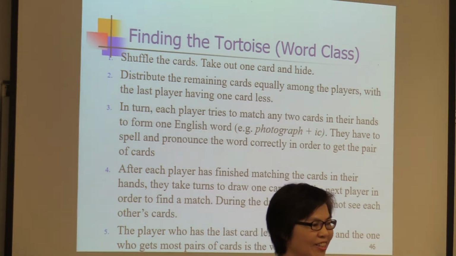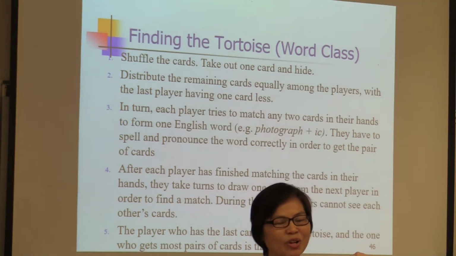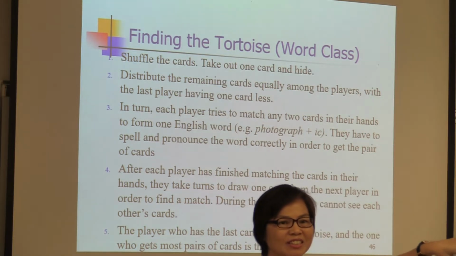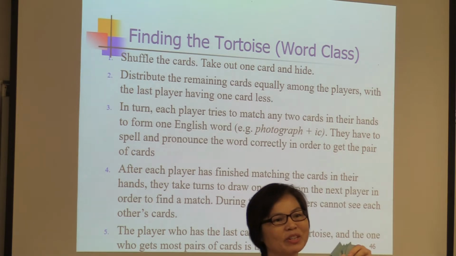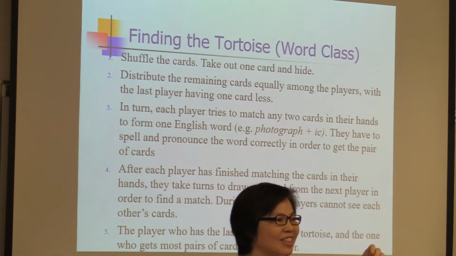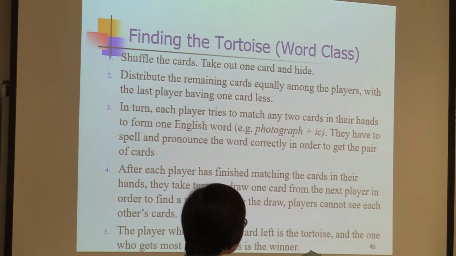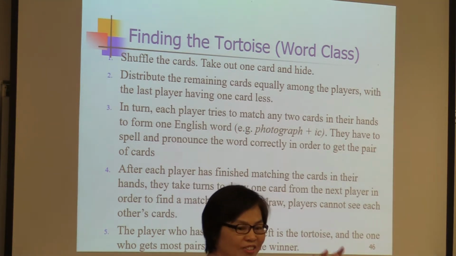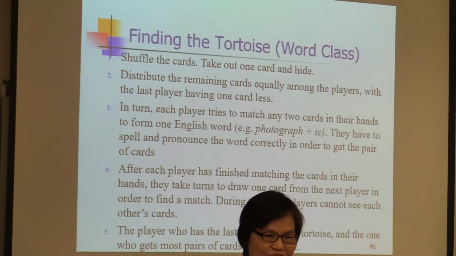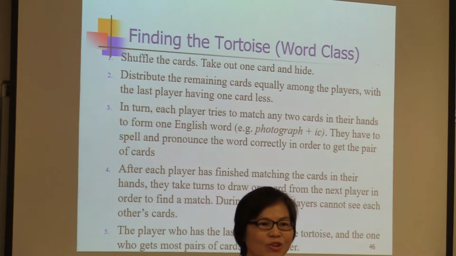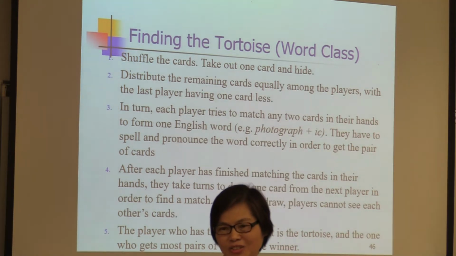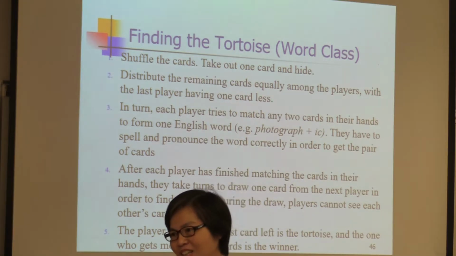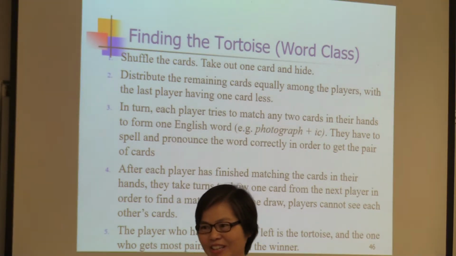But if I get ness, and I don't have anything that goes with ness, then just keep it for the next round. So you take turns like that, until the last card is drawn. The one who can't finish is the tortoise. So 1 card is missing, that's why there is a tortoise. Okay, agree? You play this way.